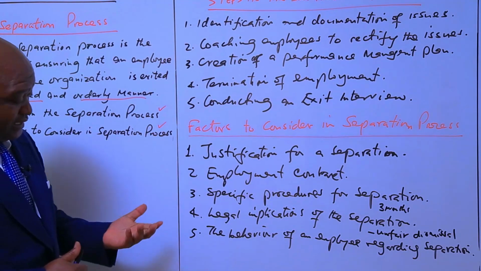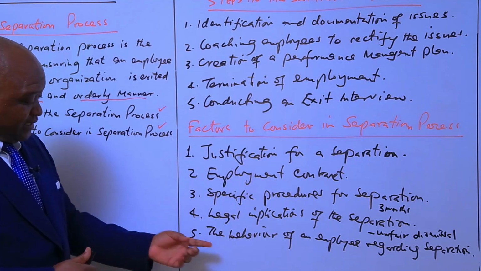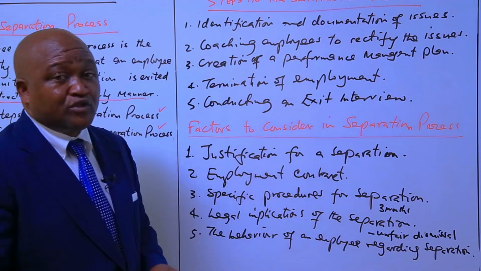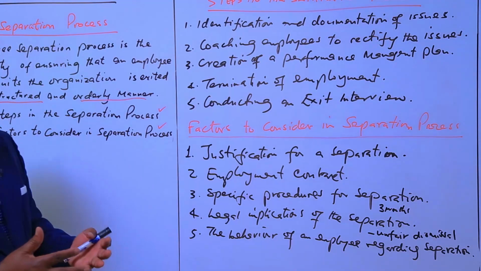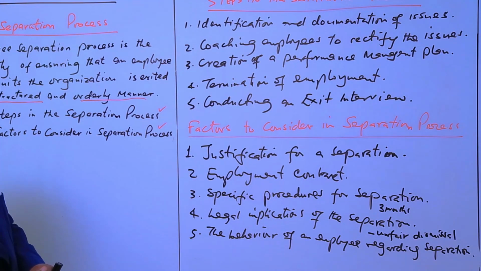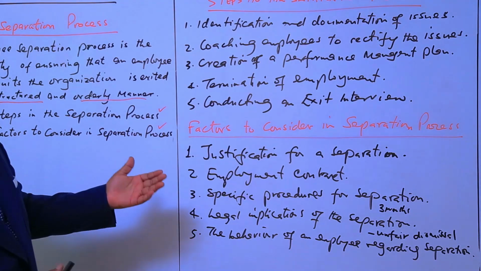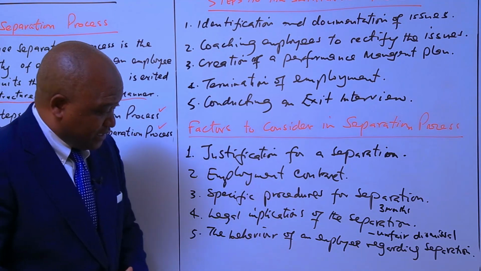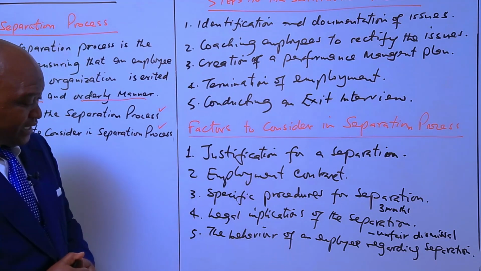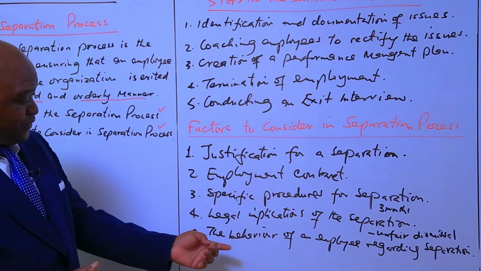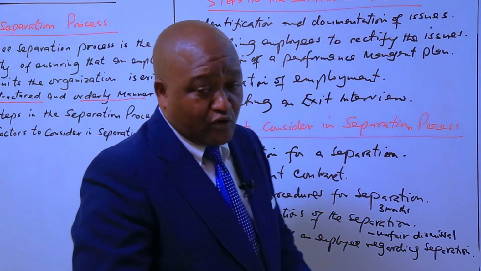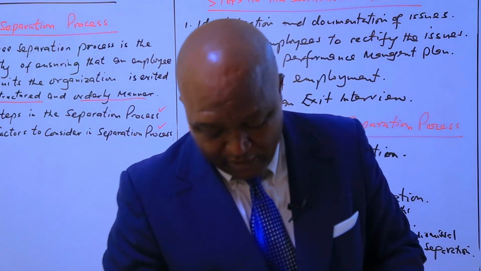And if it is envisaged that the employee could, for instance, be violent, then this separation process should be done in the context of maybe the security department representatives there, so that if the employee becomes violent at the separation interview and so on, measures can be taken to ensure that the employee and maybe the employer's representatives are also free from risk and harm.